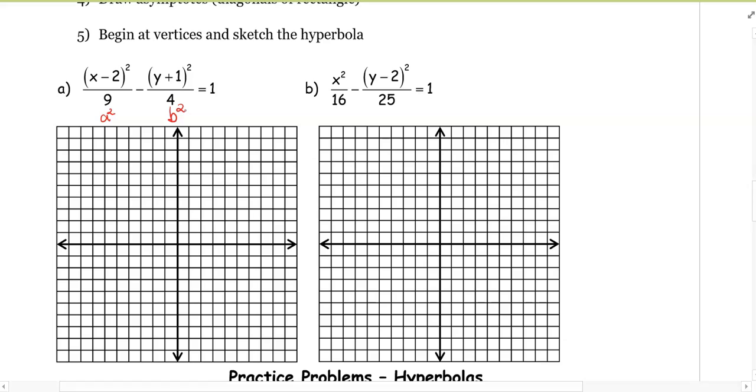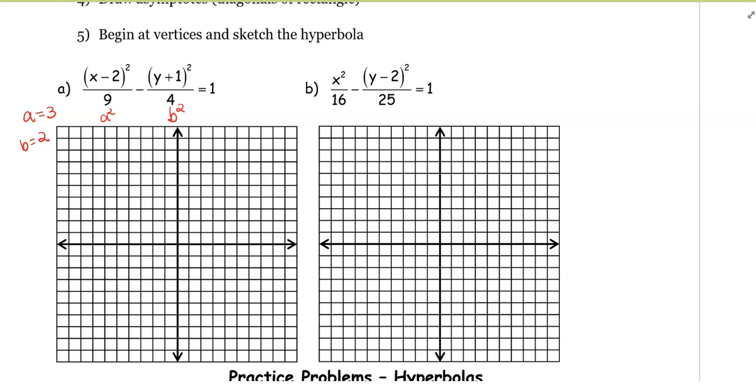So the directions of my axes. If I think about my semi-transverse axis, a equals 3, b equals 2, right? We're going to use that to find my transverse axis.